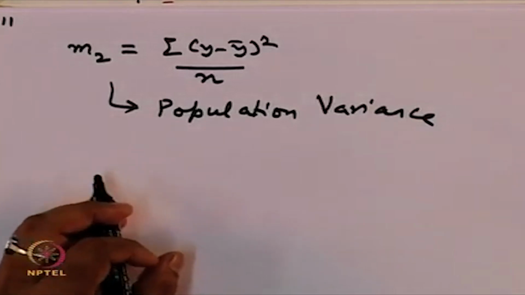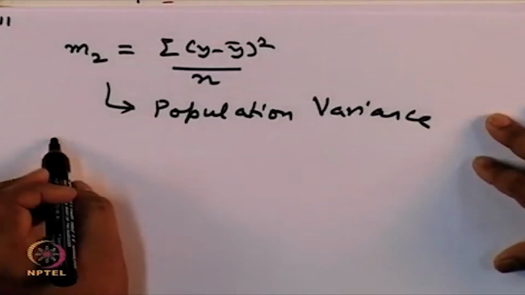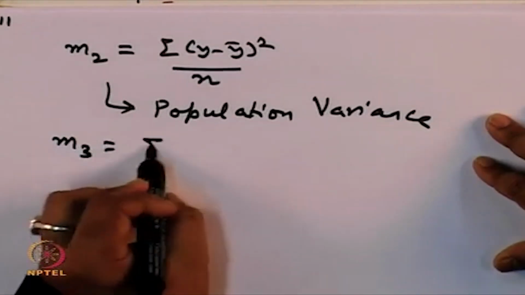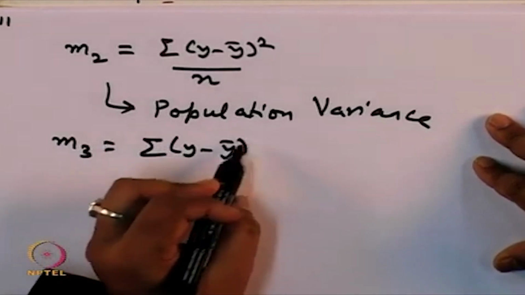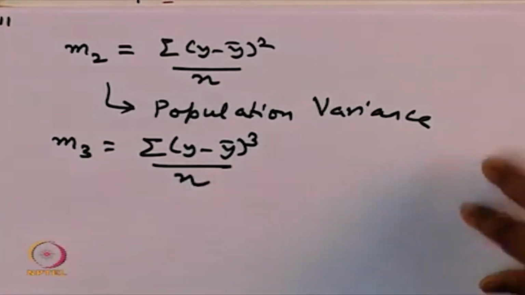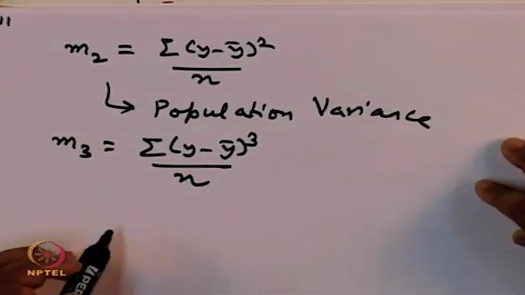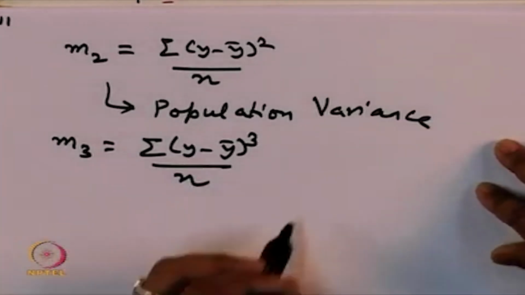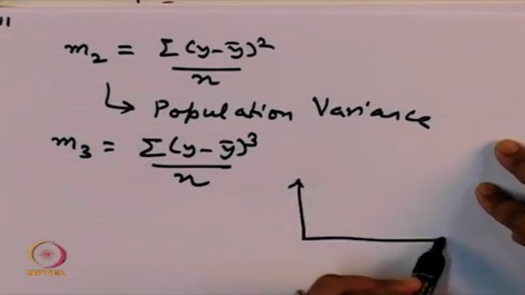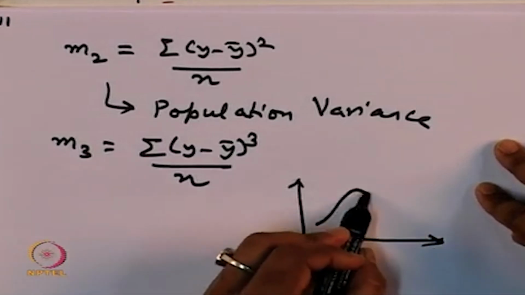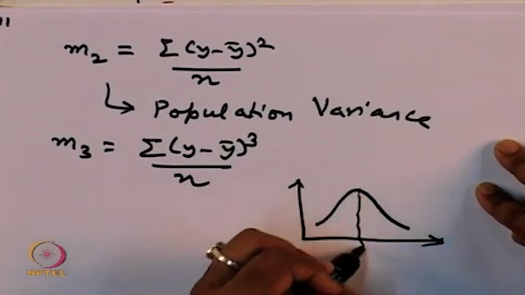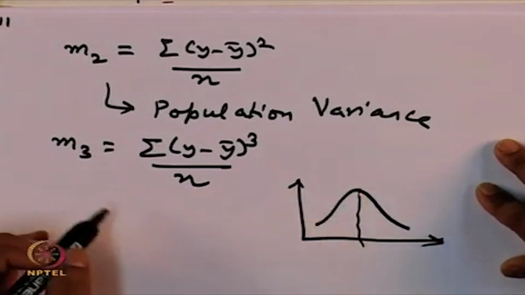Similarly, I can calculate m3, which is equal to the summation of (y minus y bar) whole cubed by n. Now let us consider a very symmetric distribution. If my distribution was symmetric, there is symmetry in this distribution.